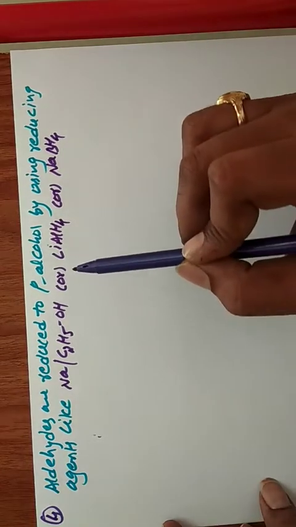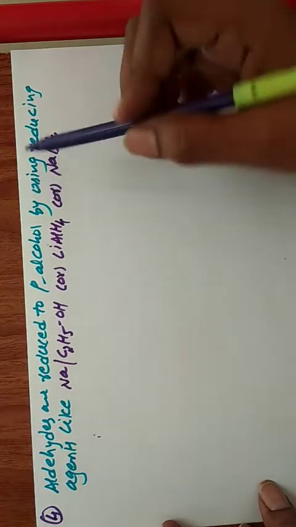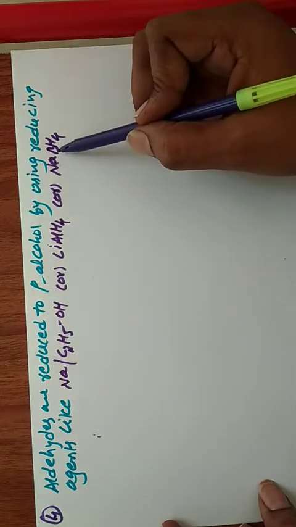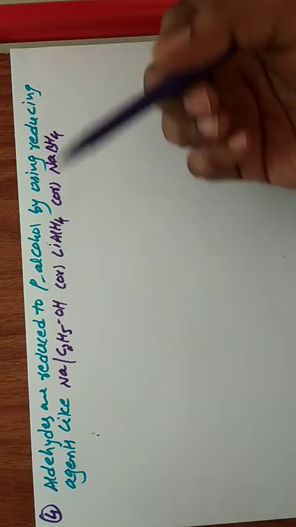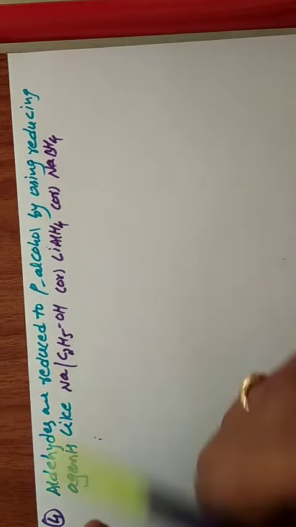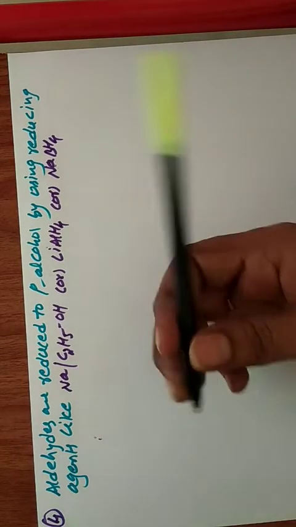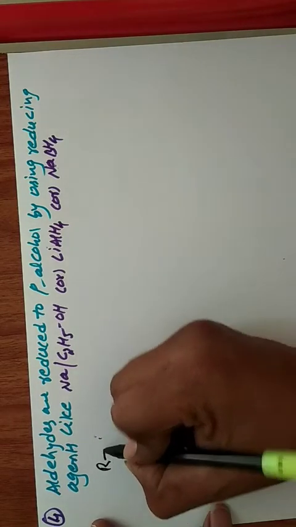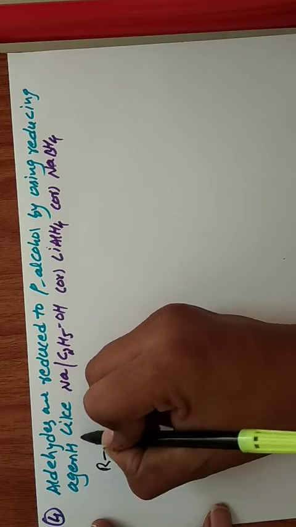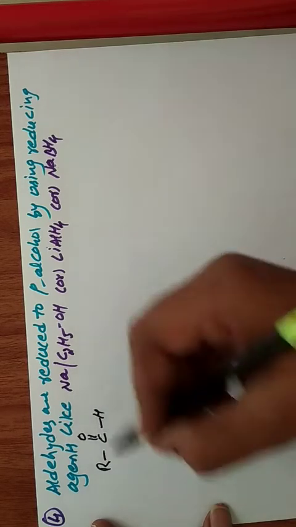If you use the LiAlH4 reducing agent, we can get the same product. NaBH4, sodium borohydride, also gives the same product. That's why we can write it this way. So in this case, now we can write the aldehyde. What is the general formula of aldehyde? R bond C double bond O bond hydrogen. This is the aldehyde.